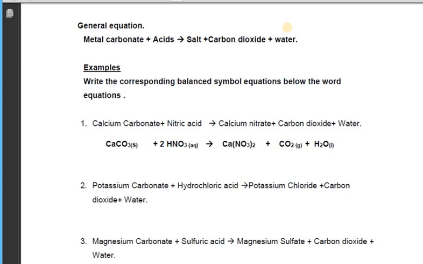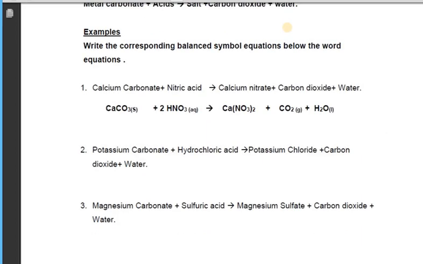I hope you guys are watching and are really paying attention because this is important stuff. So this is the word equation. Why I decided to have you write the symbol equations is because I need you to grasp this material and understand it, because this is chemistry and we write our equations using symbols. So when you learn how to write balanced equations with the relevant state symbols, I left out a symbol here.